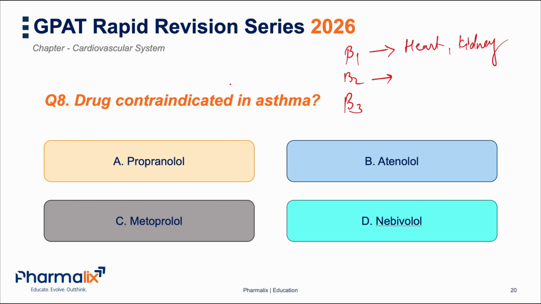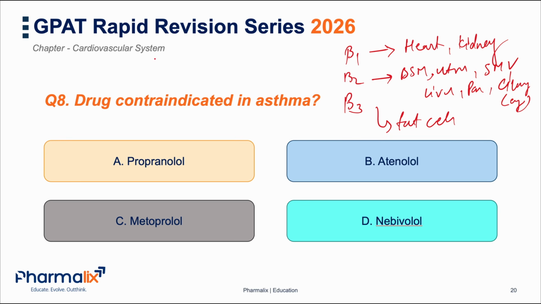Beta 2 is present in bronchial smooth muscle, uterus, skeletal muscles, vasculature, liver, pancreas and ciliary body. Beta 3 is present in our fat cells.